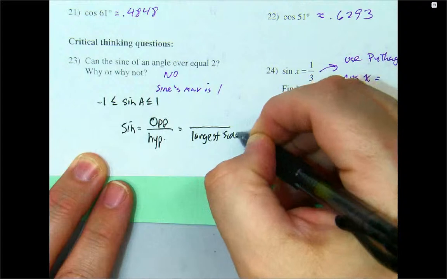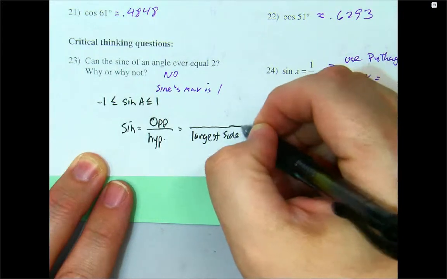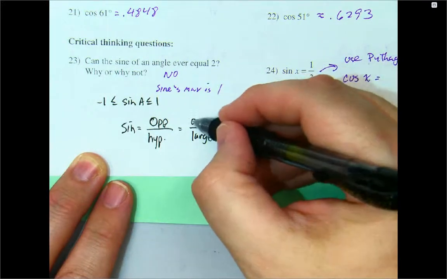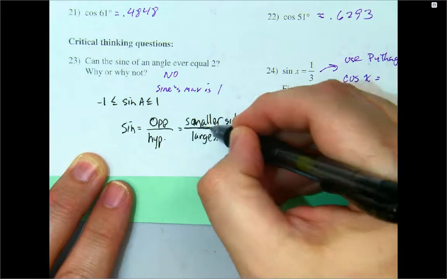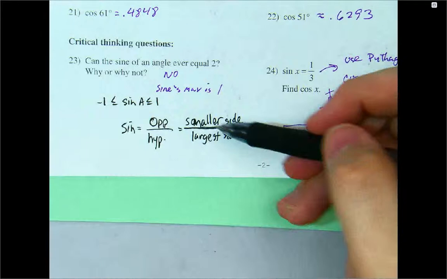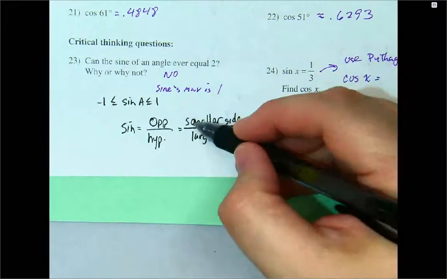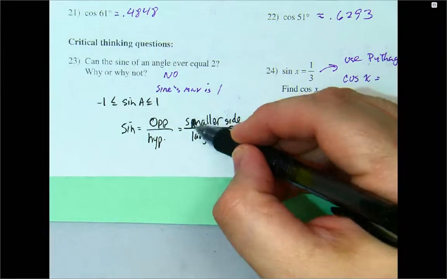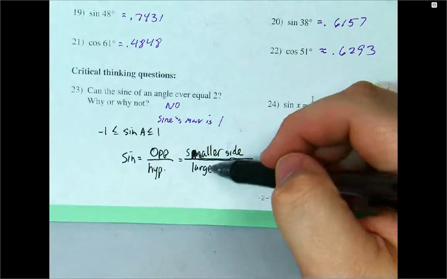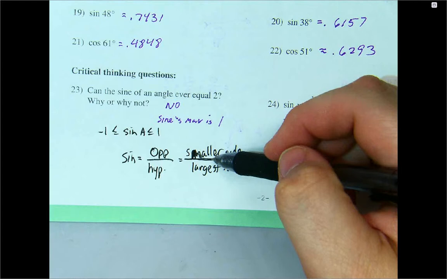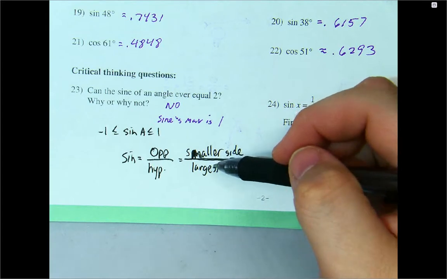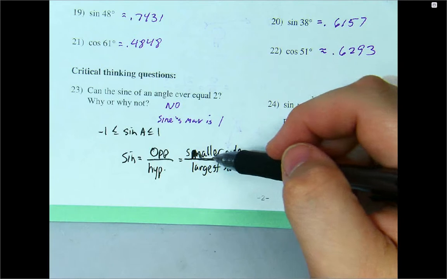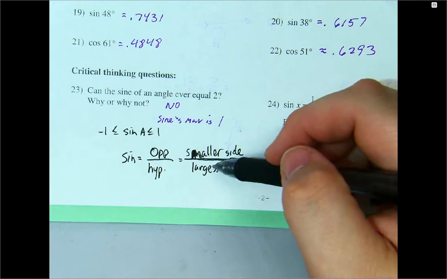Now, if you have a number where the denominator is bigger than the top number, is that ever going to be equal to 1 or bigger than 1 or equal to 2? If you have a small number over a bigger number? No, it's always going to be a fraction. So that's another way that you can look at it.